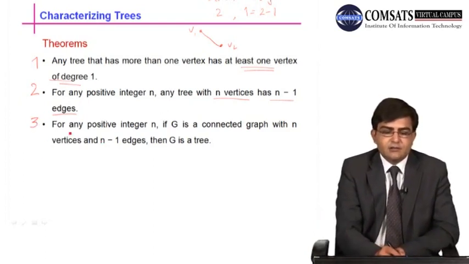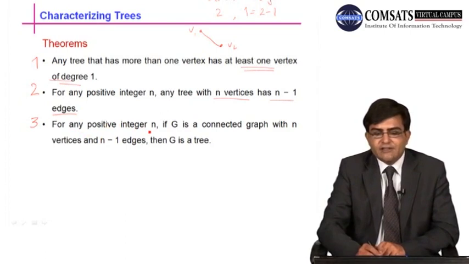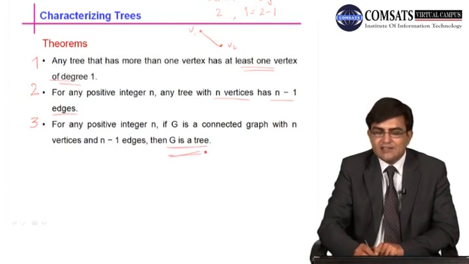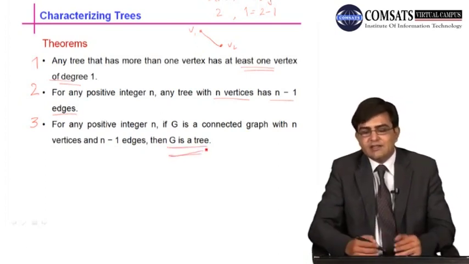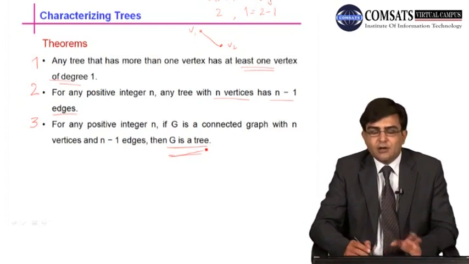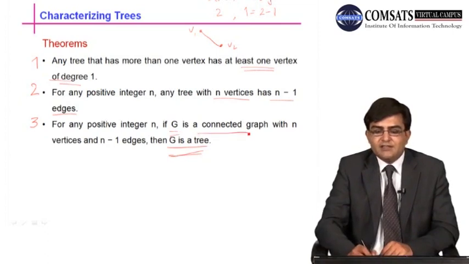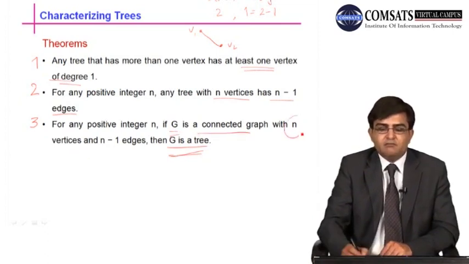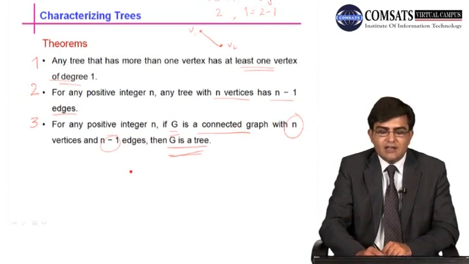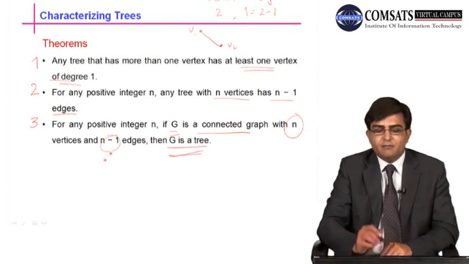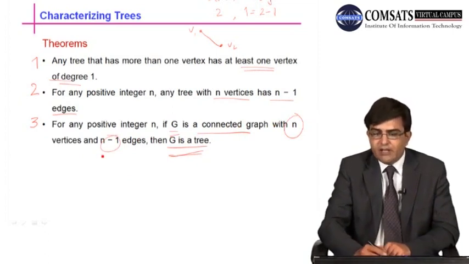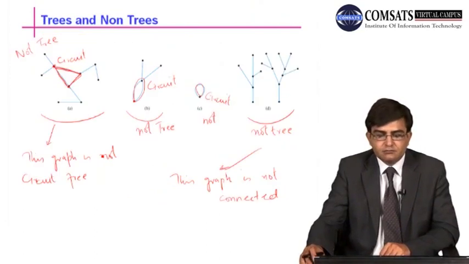The third theorem is: for any positive integer n, if G is a connected graph with n vertices and n minus 1 edges, then G is a tree. This is more information about graphs, so that we can check whether a graph is a tree or not. You can verify it.